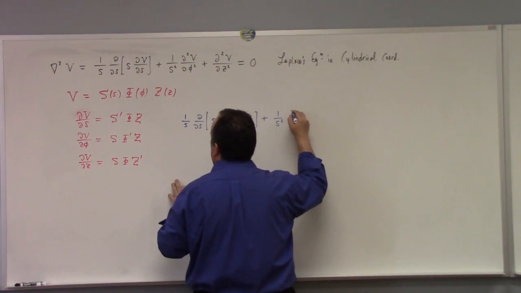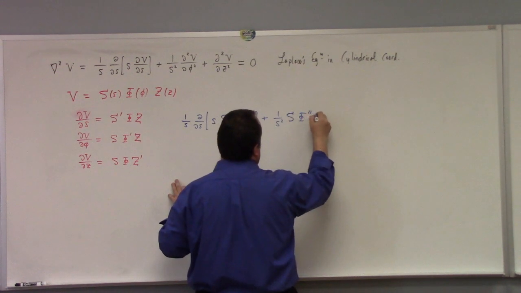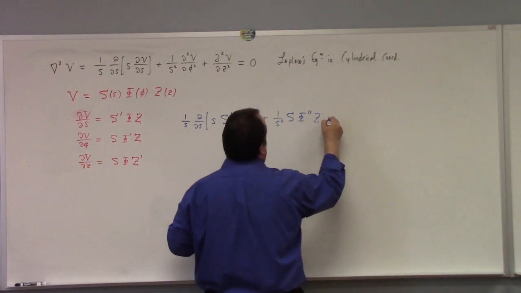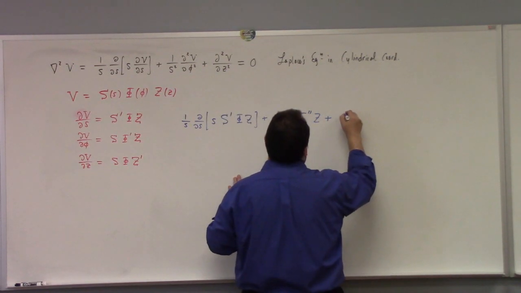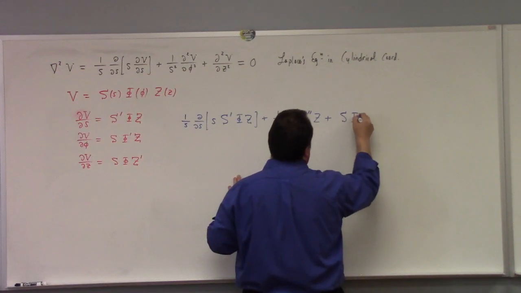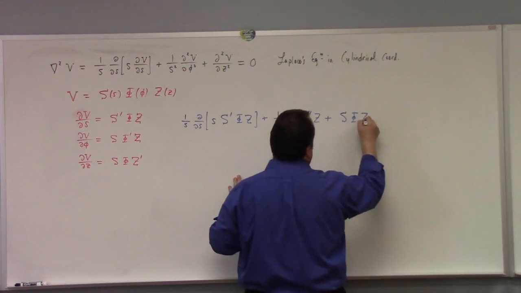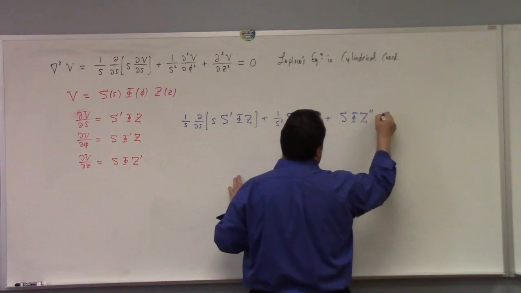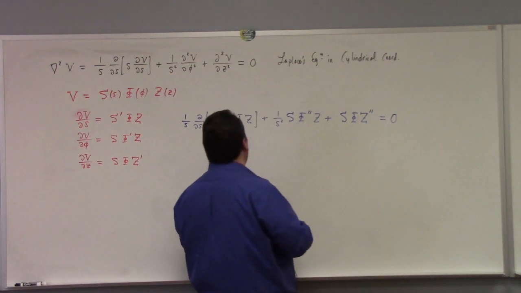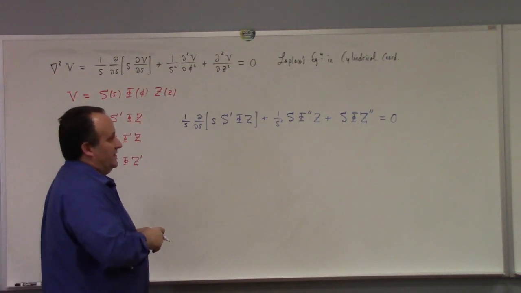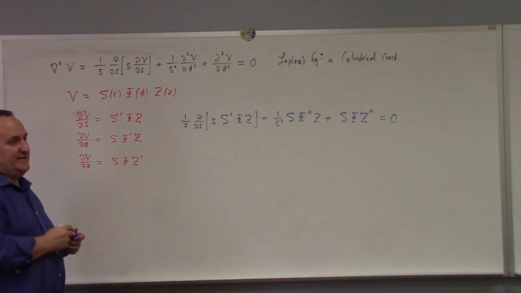I guess when we take the second derivative, we just get S Phi prime prime Z. And then finally we get our S Phi, when we take a double derivative of z, that gives us Z prime prime, equals 0. Now, I don't want to write that all again.